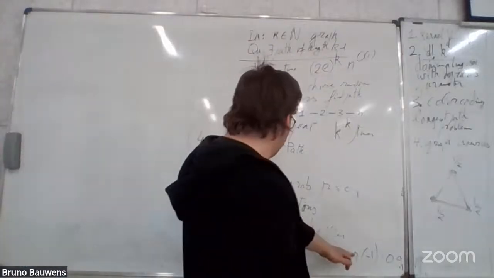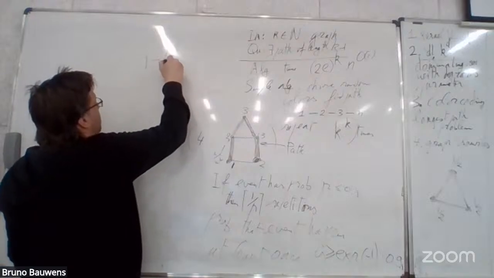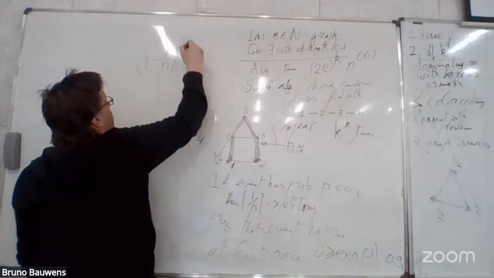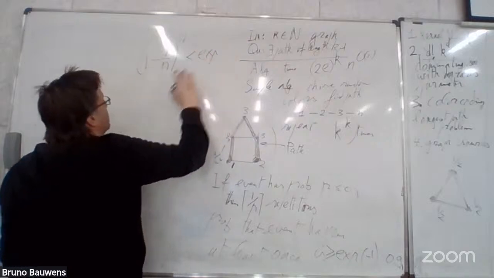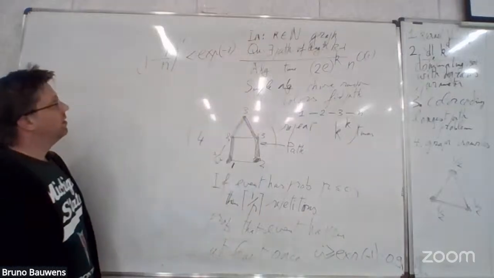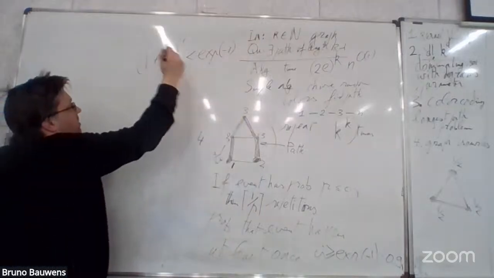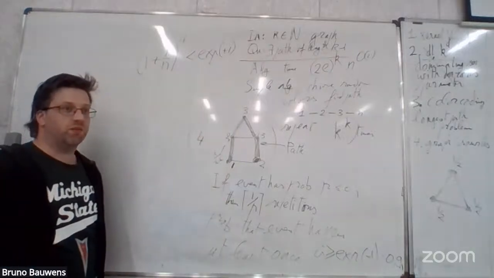So why is it true? There is a famous formula: 1 minus 1 over n, to the power n, is smaller than e to the power minus 1. People usually know this.